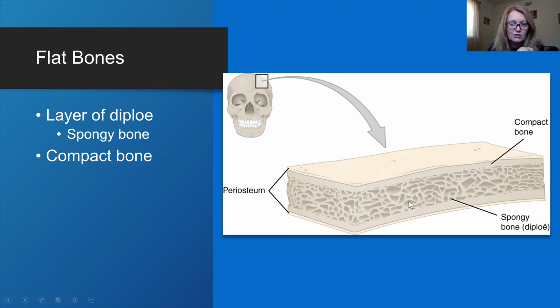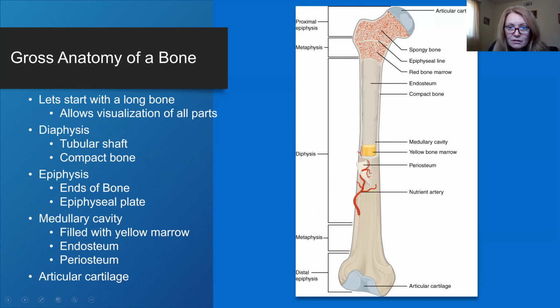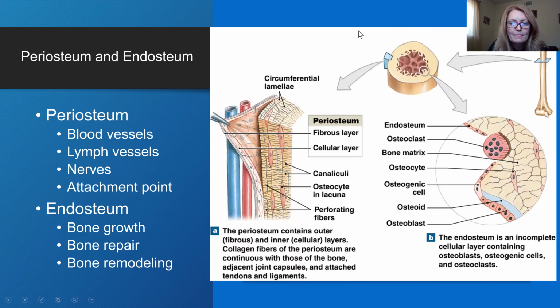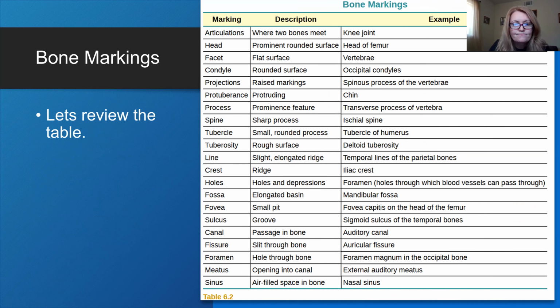So we have layers of this trabecula or spongy bone, and on the surface we have compact bone, and it's also covered by periosteum. You would find spongy bone in the flat bones, and you will find spongy bone in the epiphysis of long bone. If you go back over here, you see this epiphysis, that would be our spongy bone as well.